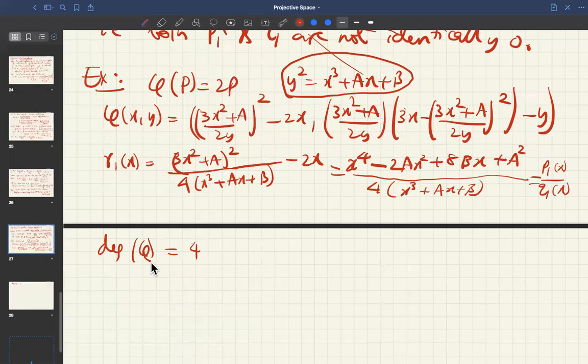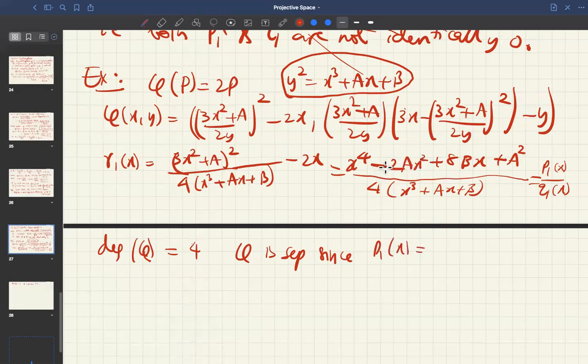Now we have to see whether this is separable. So phi is separable since P1 dash is not identically 0.